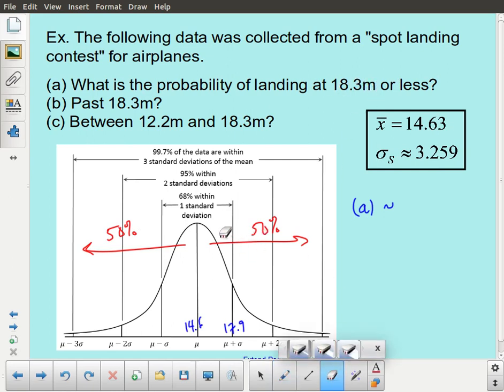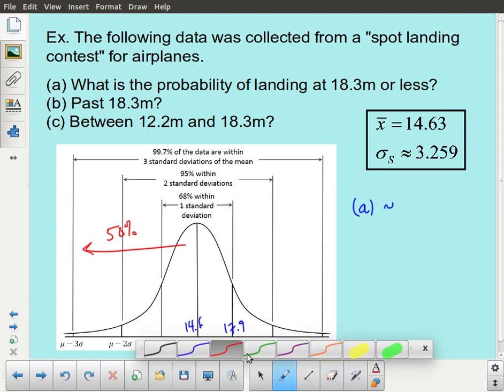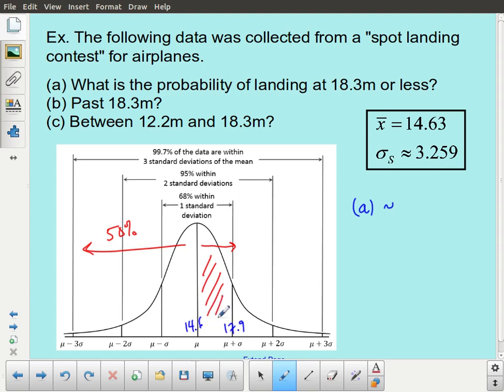So I'm not interested in everything above 14.6. I'm only interested in everything from 14.6 up to 18.3. But for the purpose of this discussion, 18.3 is close enough to 17.9 for me to at least make an estimate. And we already talked about how much space this part of the graph takes up. We said that's about 34%.